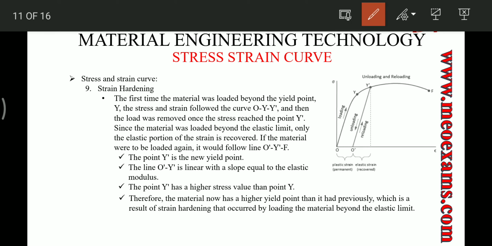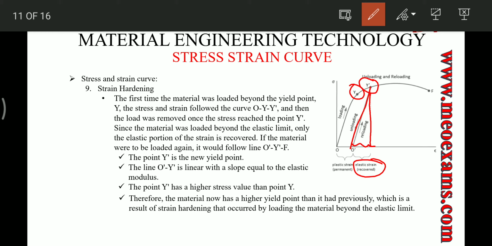As you can see from this diagram, friends, if the material is loaded beyond this yield point, let's say till Y dash, and then the load is removed, it will follow this curve. As you can see, this portion is called the elastic strain.